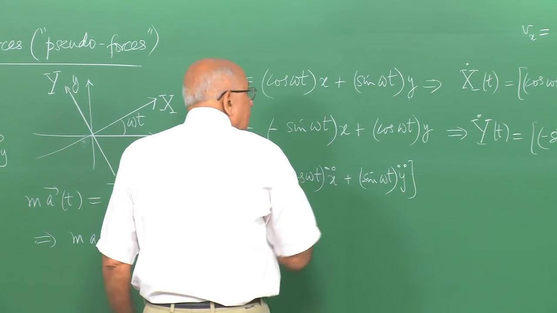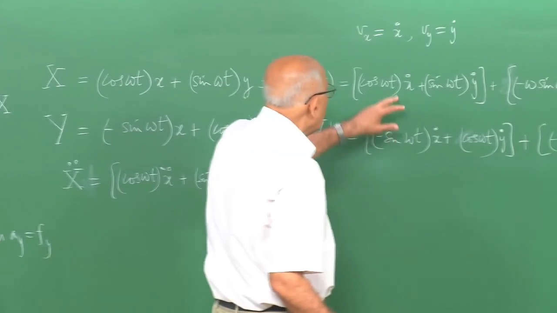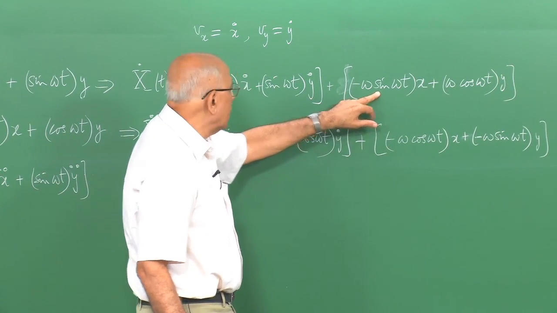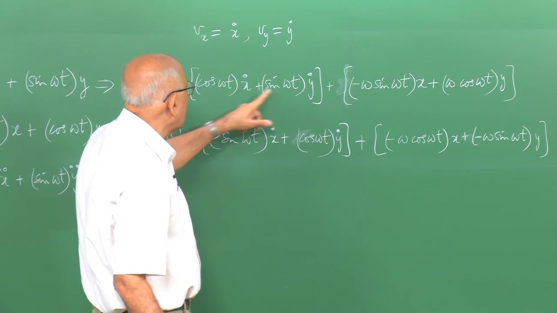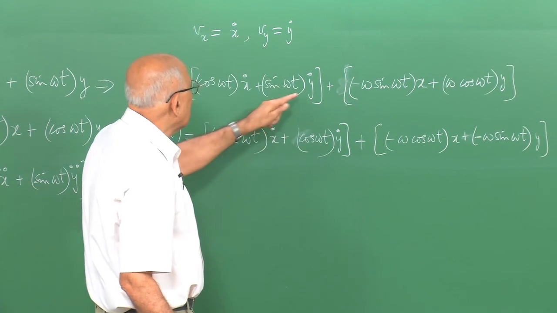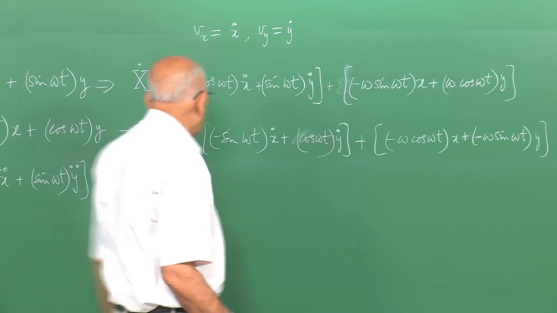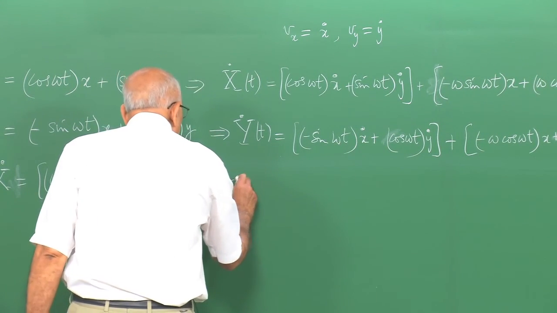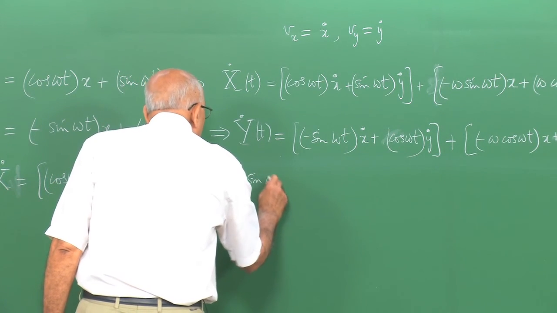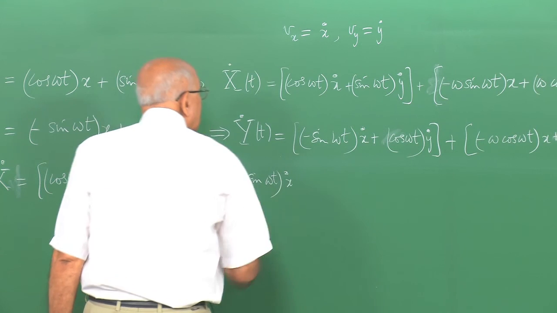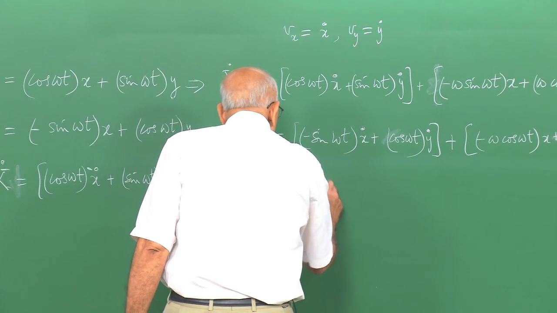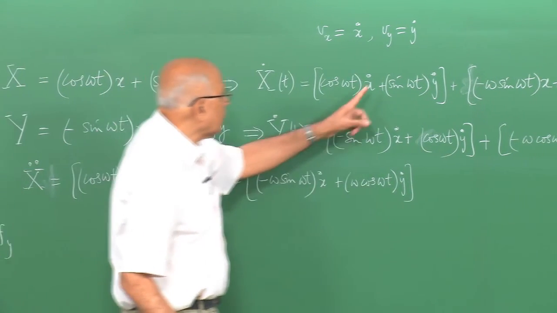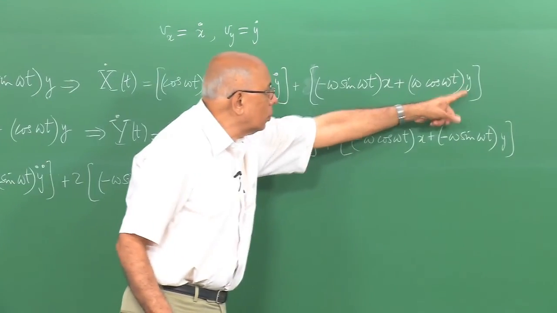That is the first part, and then there are several other terms coming from the fact that I have to differentiate this, and of course I get twice this bracket now, because if I differentiate this I get minus omega sine omega t plus omega cos omega t, and this time I am going to get, if I differentiate these two, the dots on top, so there is a term which is equal to twice, and then whatever is inside the bracket, omega sine omega t x dot this time plus omega cos omega t y dot this time, twice, because once from this term and once by differentiating these two.